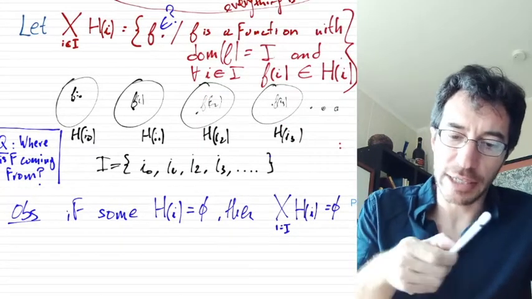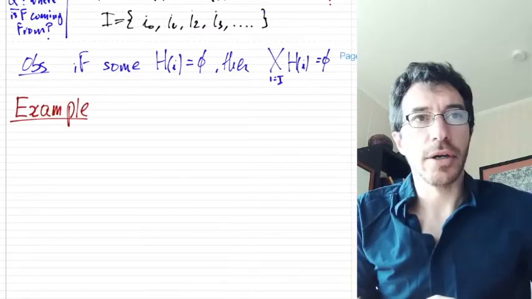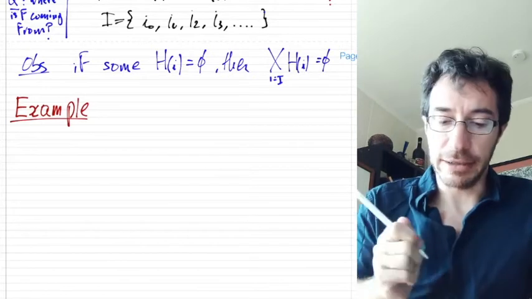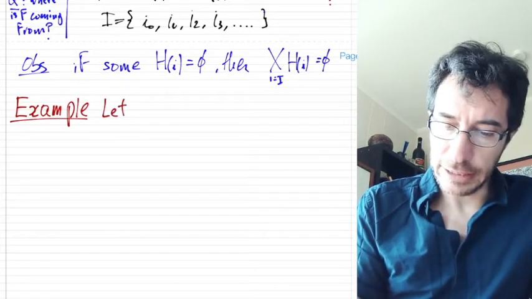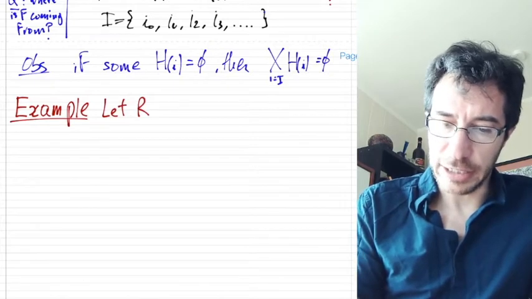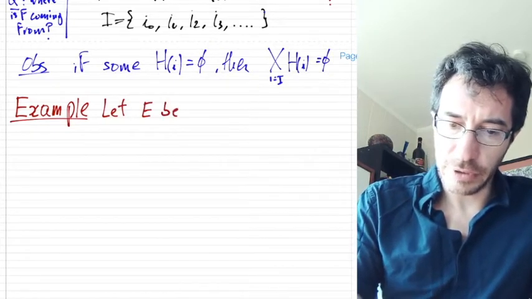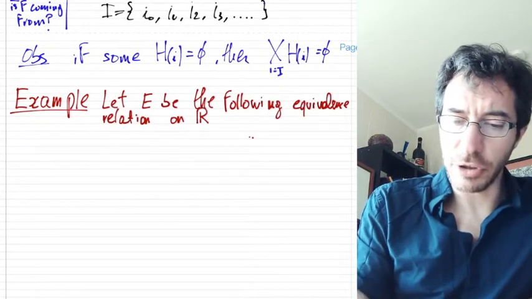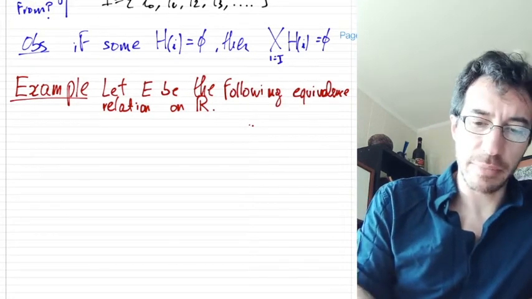Let me ask you another question. Let me write down here an example. Consider an equivalence relation like the one we defined in the last video, on the real numbers. Let's call it E, the following equivalence relation on the real numbers. Again, we don't have the real numbers yet, but for the sake of the example, we are assuming that we have them.